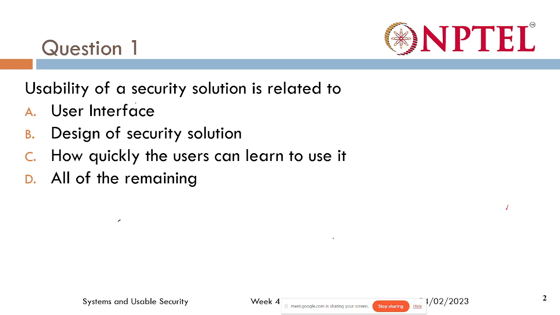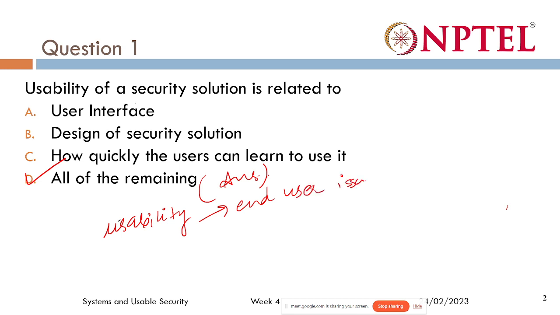The correct answer is option D. Why? Usability can be thought of as anything related to the end user. You can think of it like an issue.